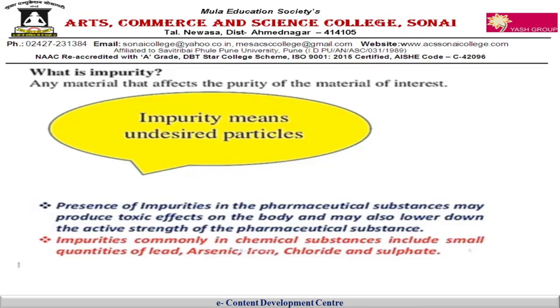Impurities commonly found in chemical substances include small quantities of lead, arsenic, iron, chloride and sulfate. Due to the presence of these impurities, pharmaceutical substances produce toxic effects on a human body.